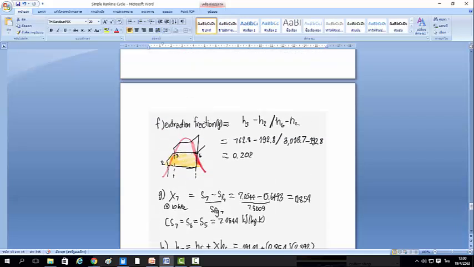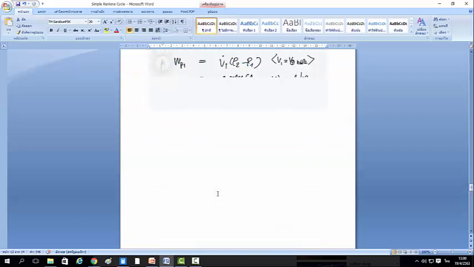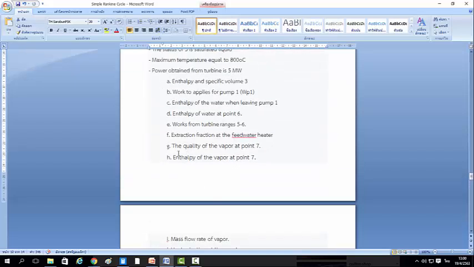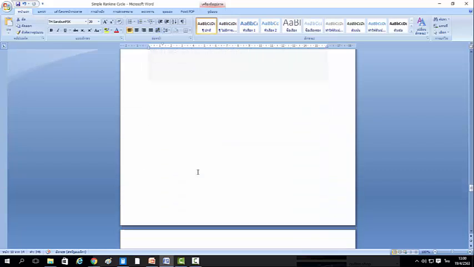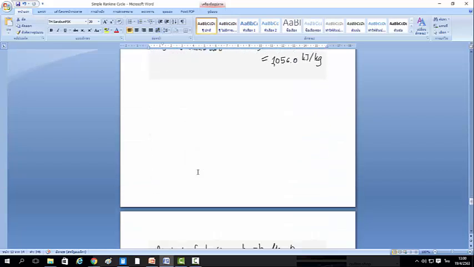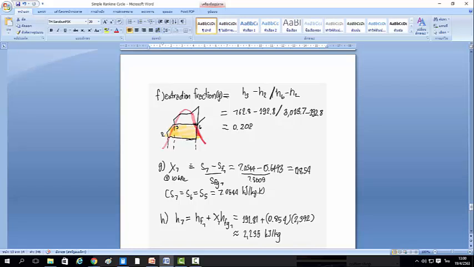And G, they want to know the quality at point 7. The quality X7 is equal to S7 minus SF7 divided by SFG at 10 kilopascal.